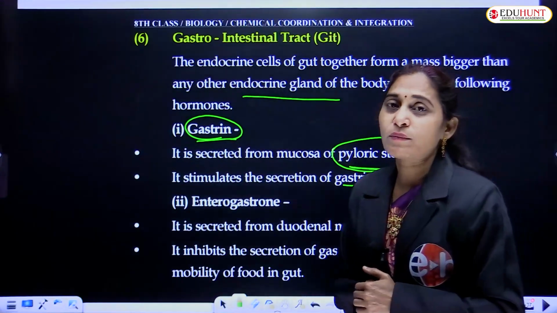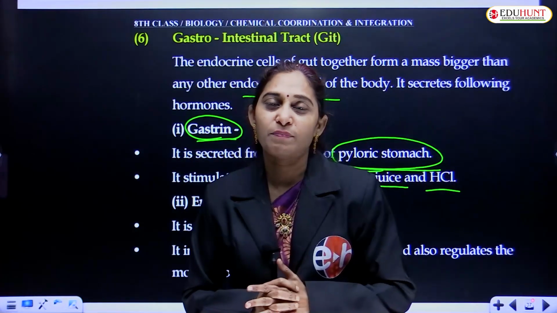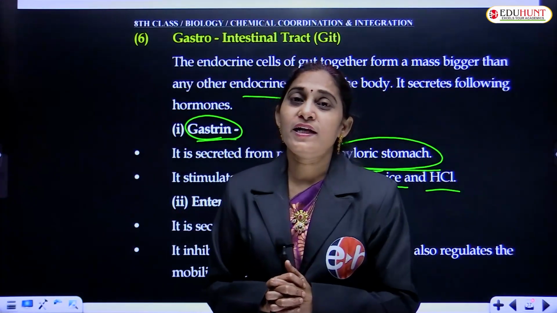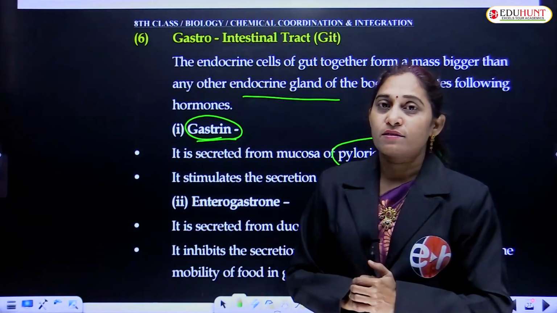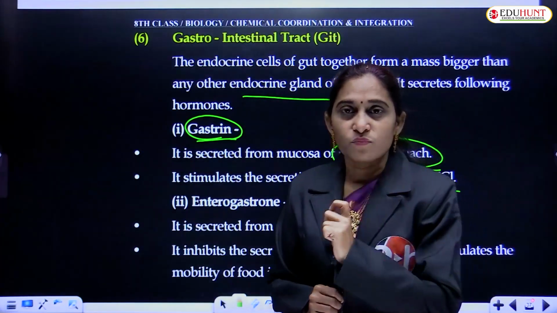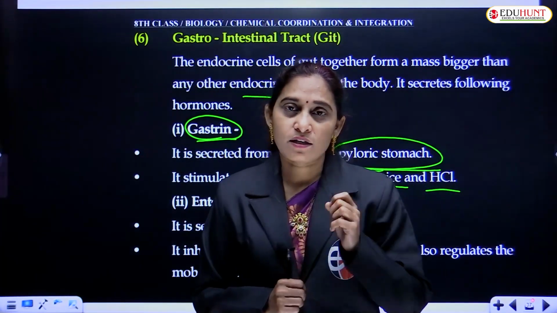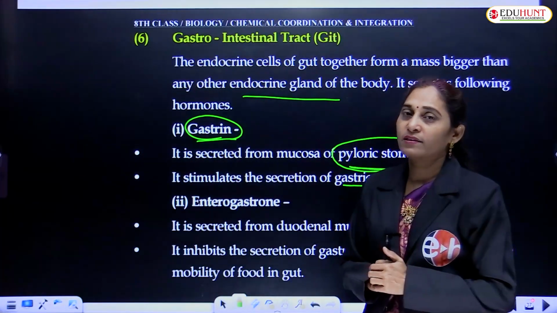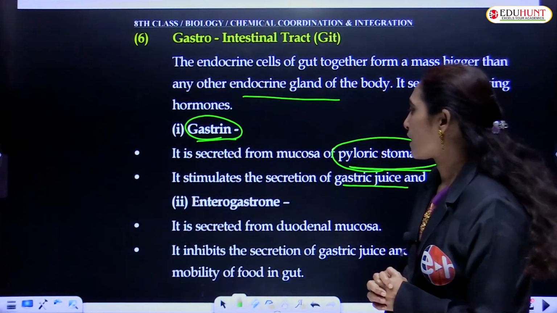At the lower pH, the proenzyme pepsinogen gets activated to pepsin. Then only it acts on proteins. The bonds present in proteins are peptide bonds, and these peptide bonds get digested by the proteolytic enzymes.